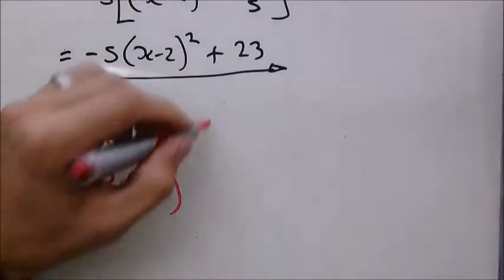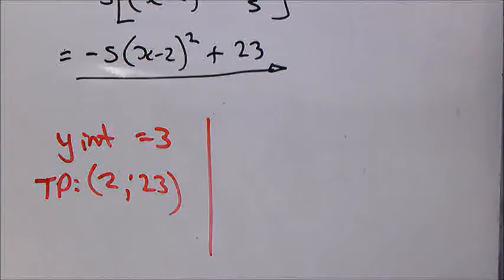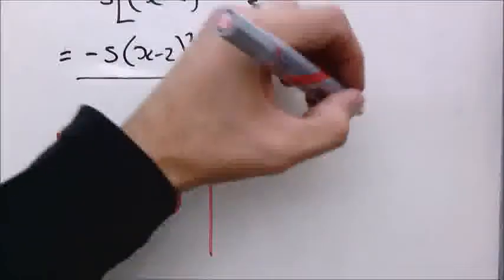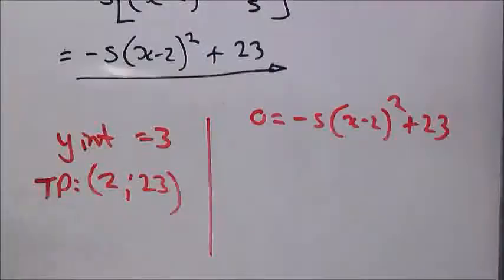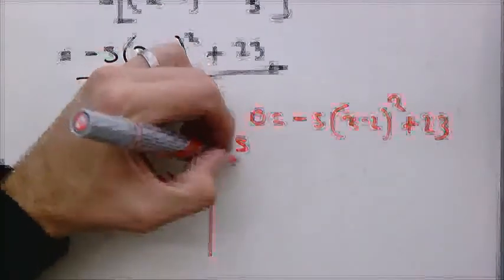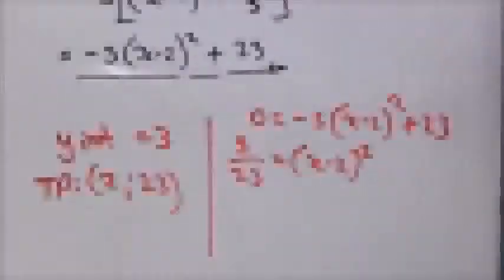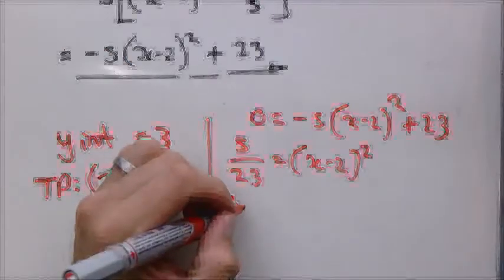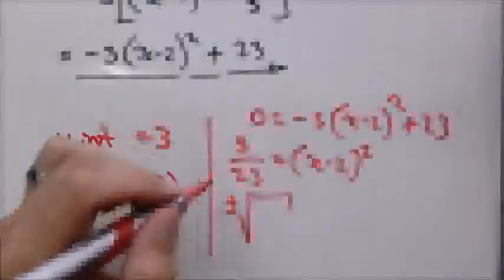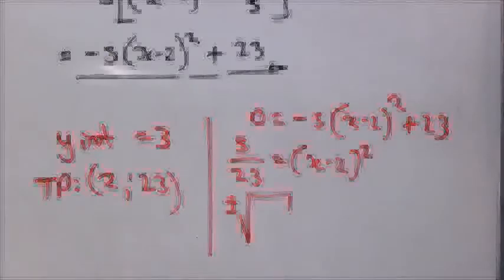And now let's quickly get the x-intercept. So we make it equal to 0. So minus 5 bracket x minus 2 squared plus 23. So we take the 23 across and divide by negative 5. There we go. Now we take the square root on both sides. So you'll have a plus minus square root. Let me just see.